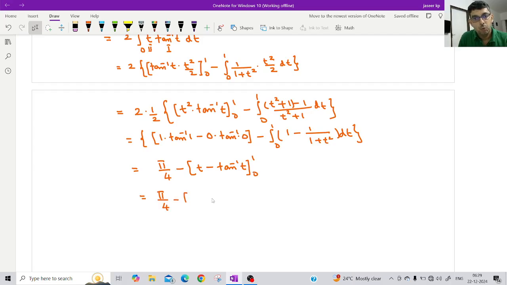So it is 1 minus tan inverse of 1, minus 0 minus tan inverse of 0. So that means it will become pi by 4 minus 1 minus pi by 4... that will become plus pi by 4. So pi by 4 plus pi by 4, pi by 2 minus 1. So this is the answer to this particular problem.